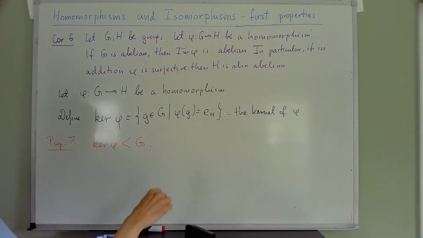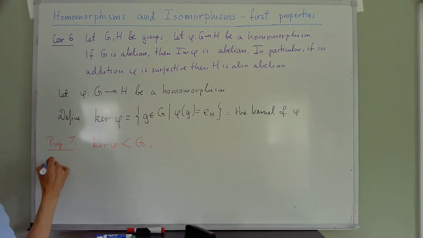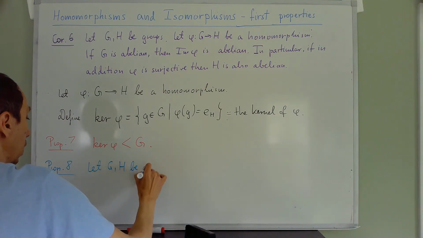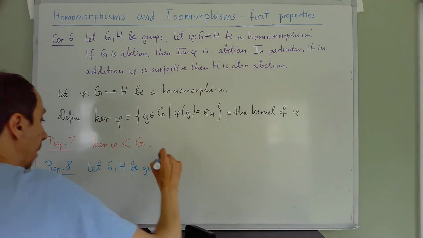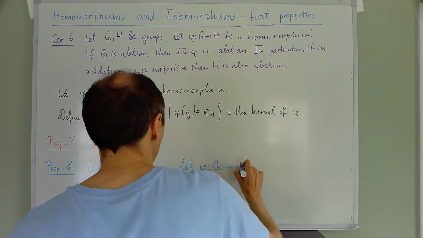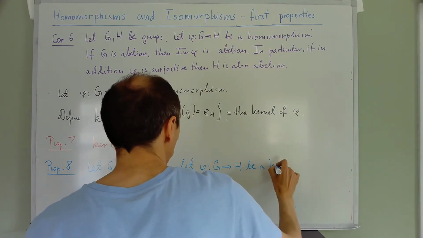Okay, however, I wanted to finish with the following proposition that says the following. So let G and H be groups, and let phi be a group homomorphism.